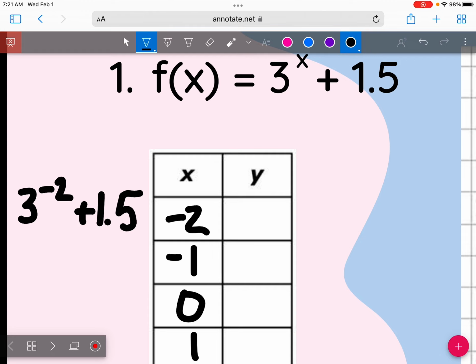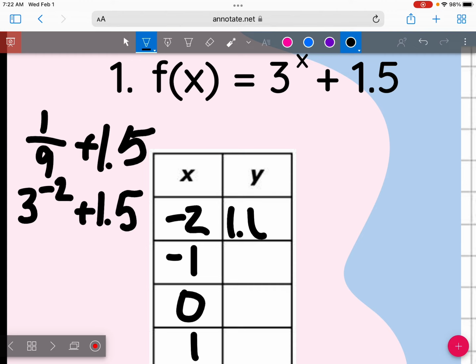Three to the -2nd power does what first? Fraction, yes. So this will become 1 over 9, right? Plus 1/2. So if you plug that in your calculator, what do you get as a decimal? Yep, 1.61.